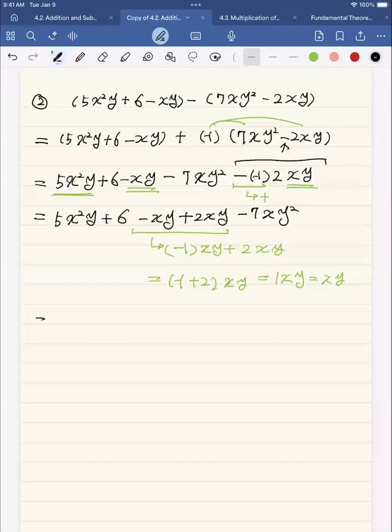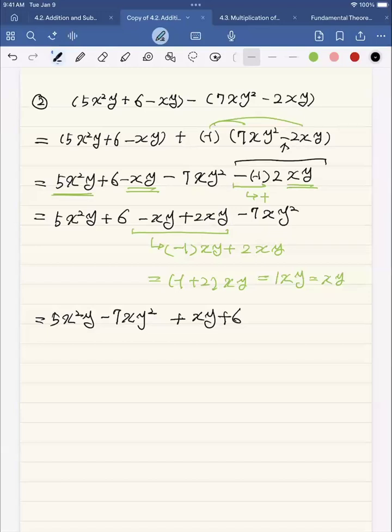Let's rewrite it. 5x squared y minus 7xy squared plus xy plus 6. Why is that?